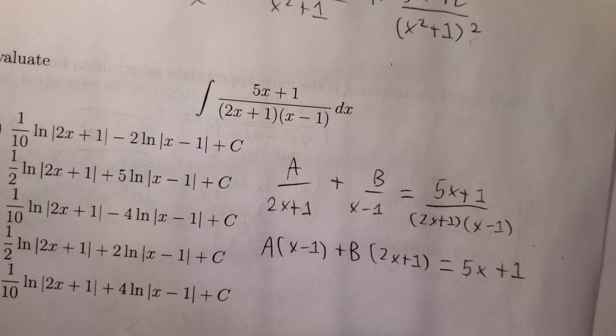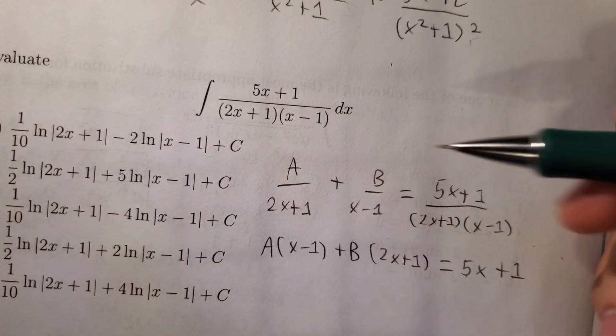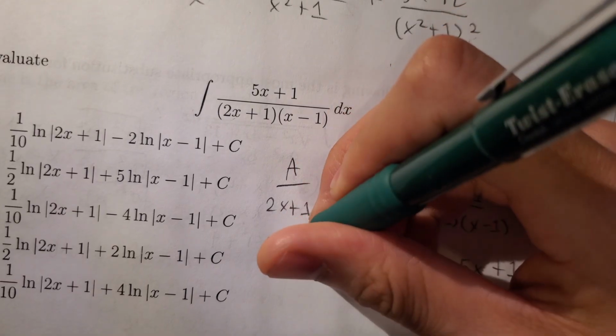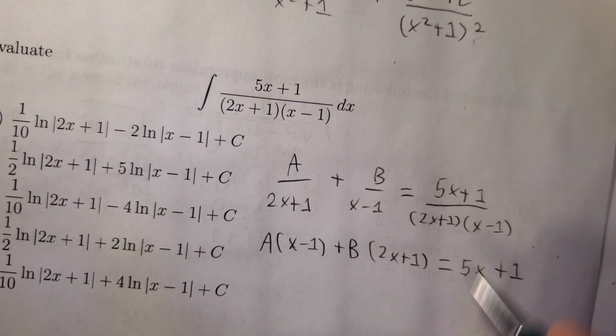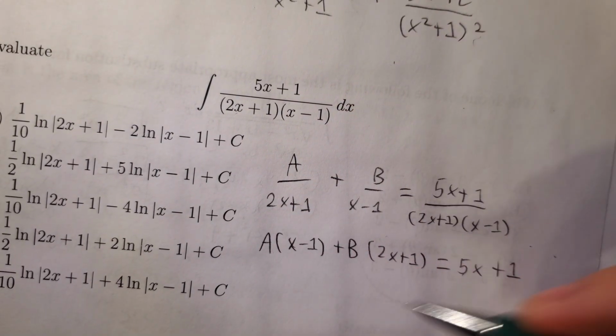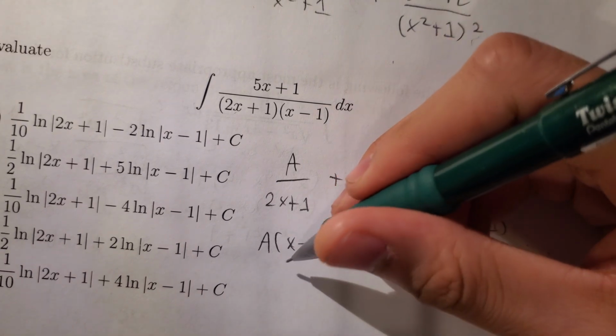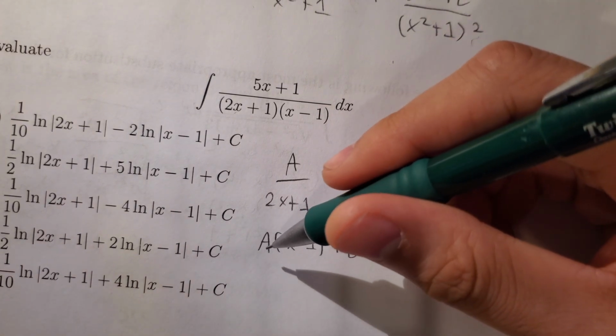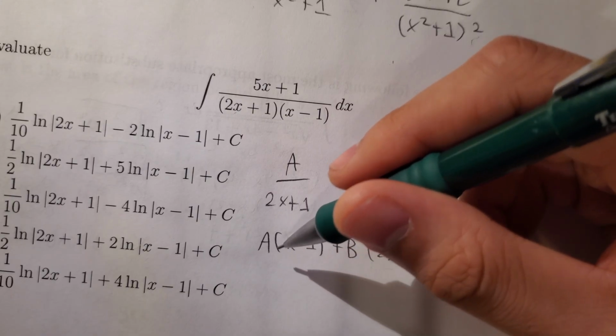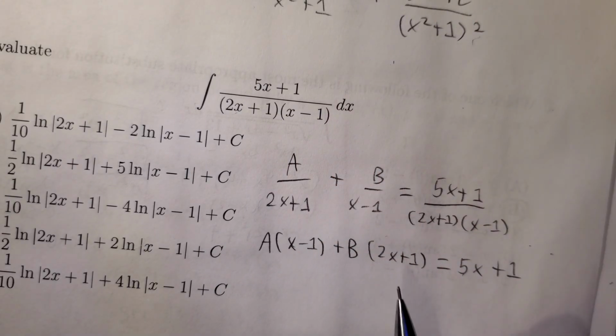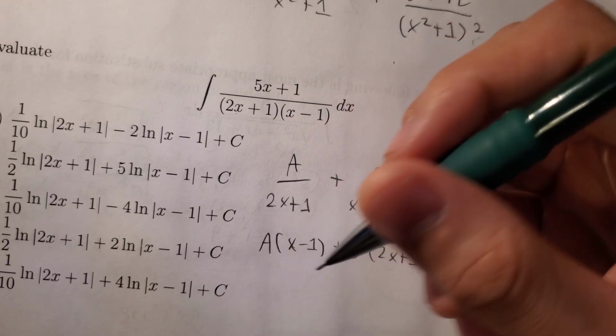So for the first approach, you can just try plugging in, think of a number for x and see if you can cancel out something. So in this case, for example, I'm going to start by testing with x equal to 1, because if I use 1, then I'll be able to cancel out this a, because it's just a times 0. And then from there, I can just solve for b. So I'm going to do that.